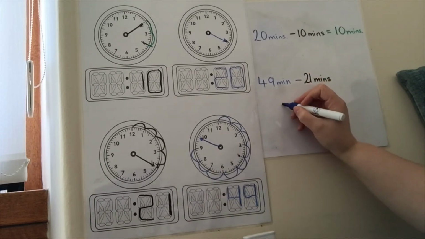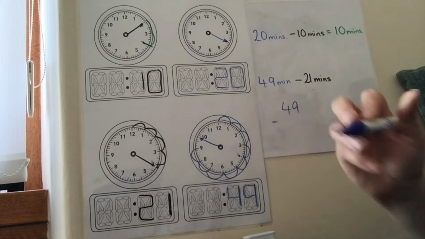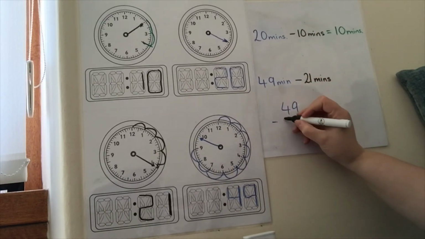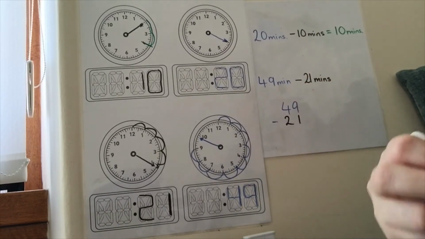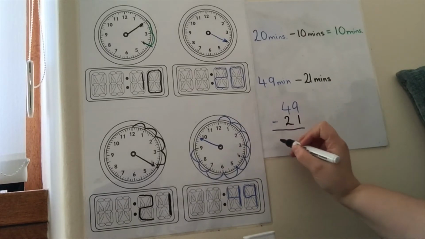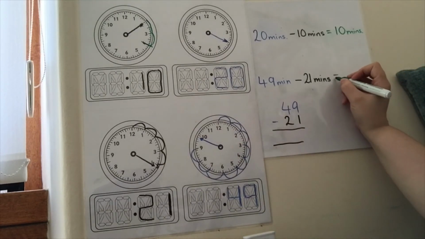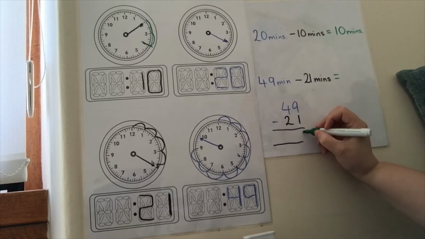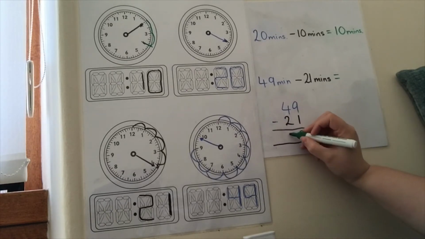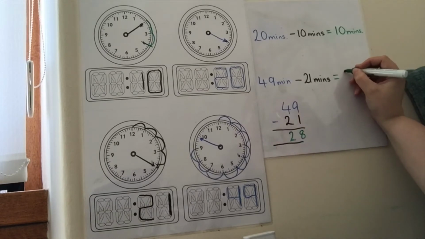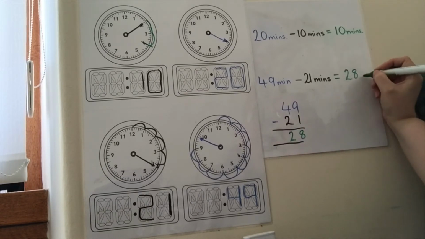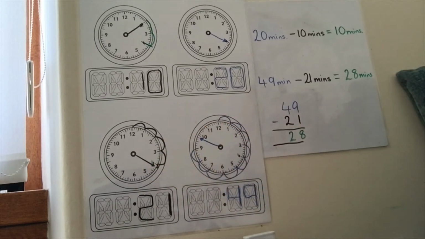So if you're writing it as a chimney sum, you would end up with it looking like that. I'm using different colours just so it makes it easier for you to see what I'm doing and where I'm getting the information from. So 9 take away 1 gives you 8, 4 take away 2 gives you 2, so 28 minutes has passed between the two times.